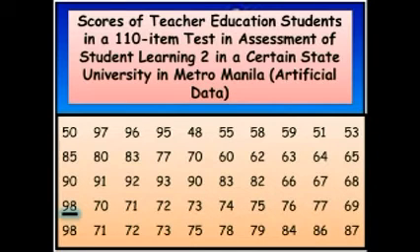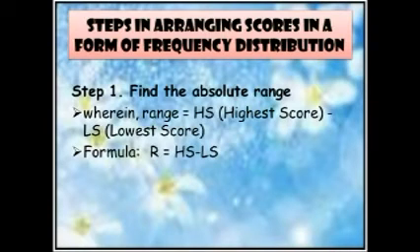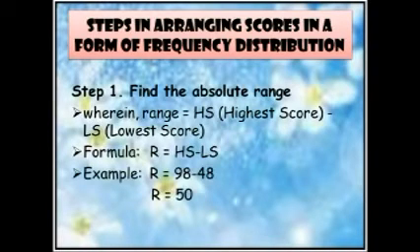Now, find the lowest score. Yes, it is 48. So, we substitute our given to our formula, which is R equals HS minus LS. Let's substitute now our given.